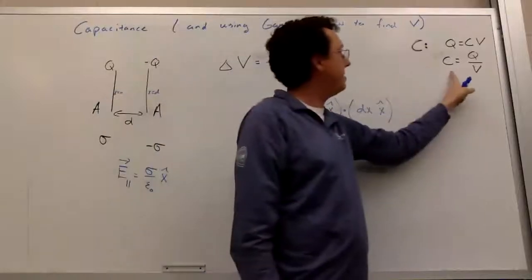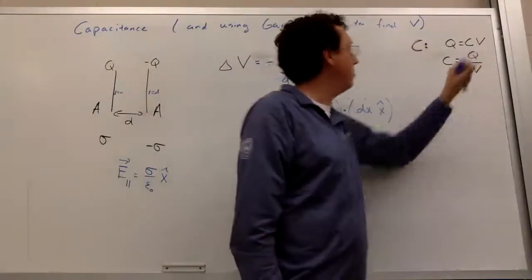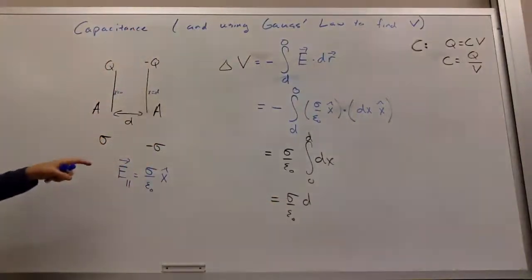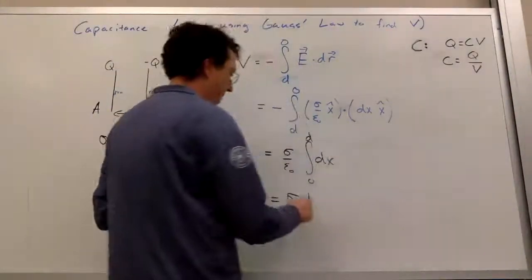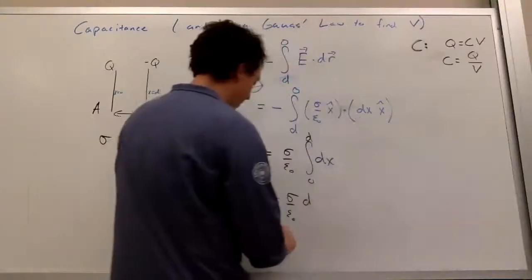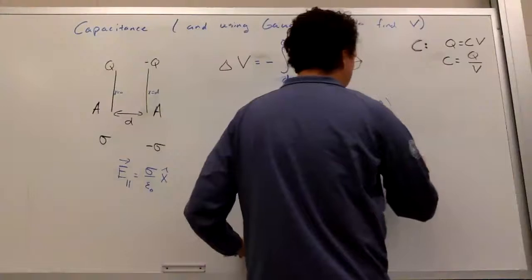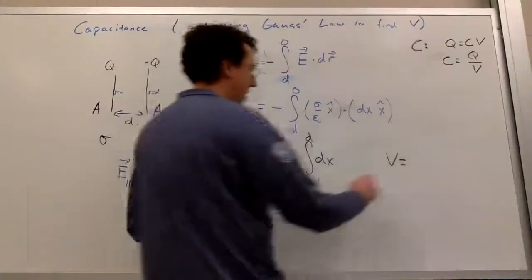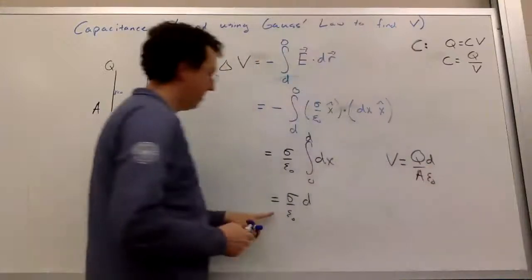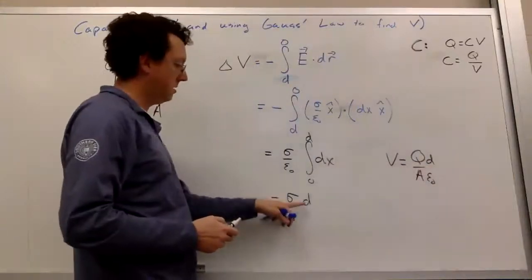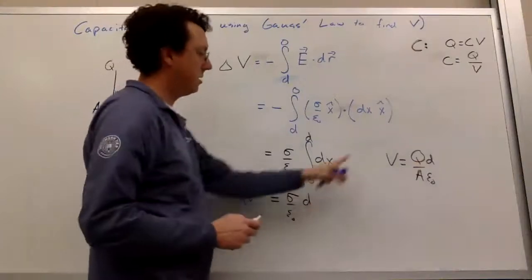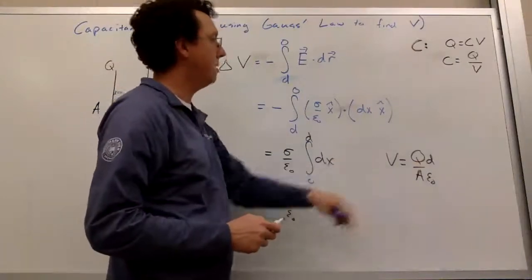To find the capacitance, we want to express everything in terms of Q, which means we have to rewrite sigma in terms of Q. So that's simple enough. I take this answer and rewrite it, since sigma is Q over A. So V equals Q d over A epsilon naught.